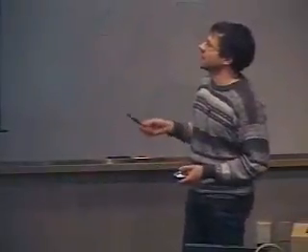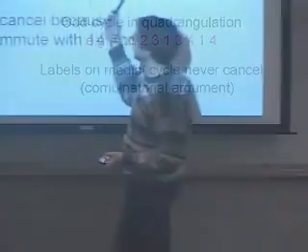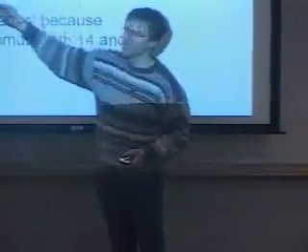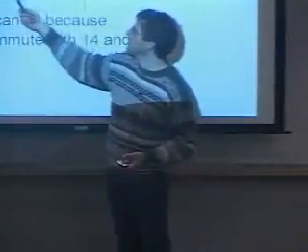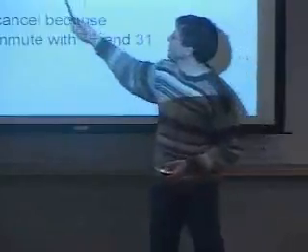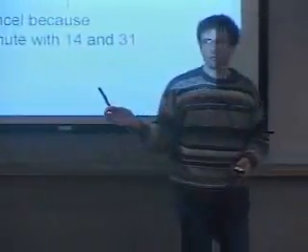And the thing is that we don't have this problem anymore. If you start with an odd cycle, then you have something and that never cancels. In this case, it doesn't cancel because, say, 1, 2, and 2, 1 are inverses of each other, but they don't cancel because they don't commute with these things in the middle, because they are not disjoint. If this was 5, 4, and 3, 5, we would be in bad shape.